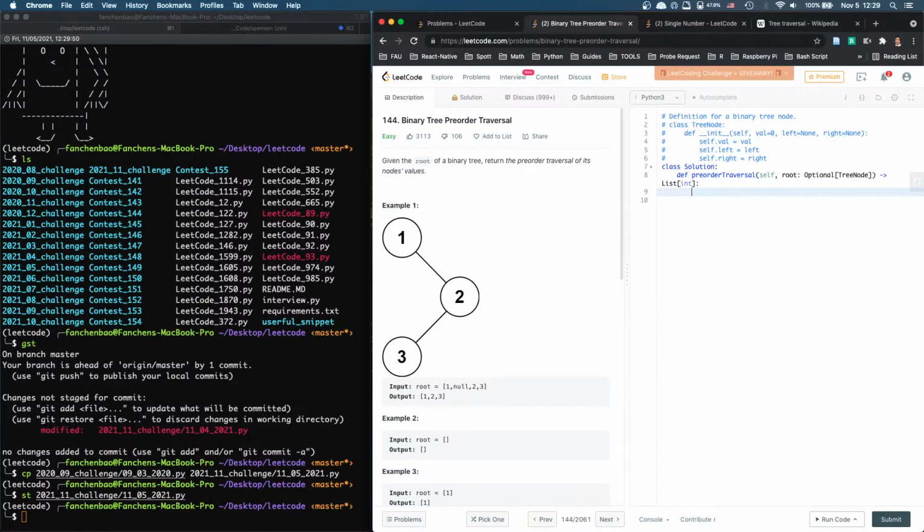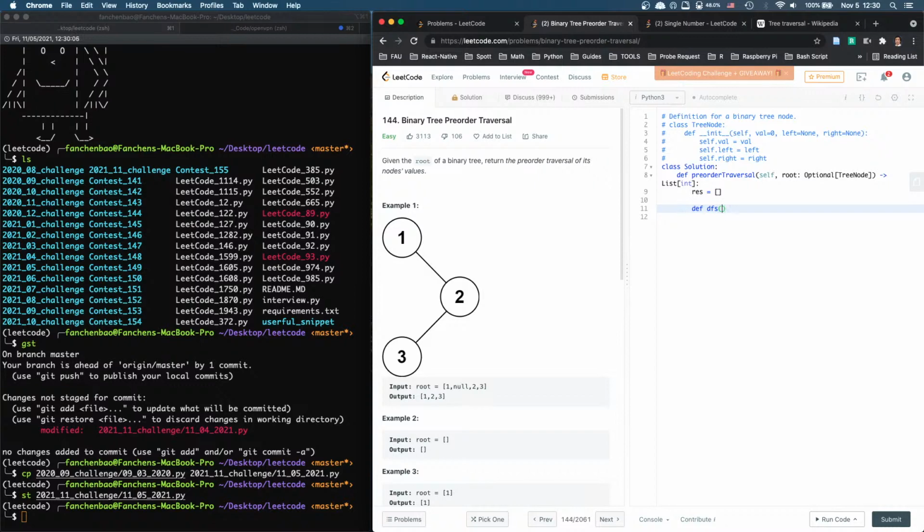Oh, we want to produce a list. I mean, the easiest will be just have this, and then we do DFS. Can we return it? Now that's the challenge.